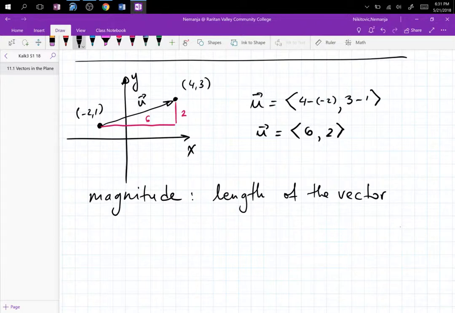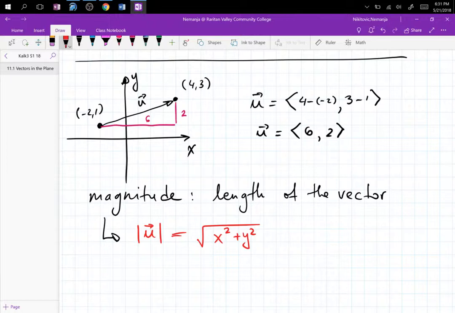And the formula for magnitude, well, first off, the magnitude is given as the magnitude of vector u. Those are the absolute value bars around vector u. And it's given simply by the Pythagorean theorem, the x coordinate squared plus the y coordinate squared, because we have 6 and 2.